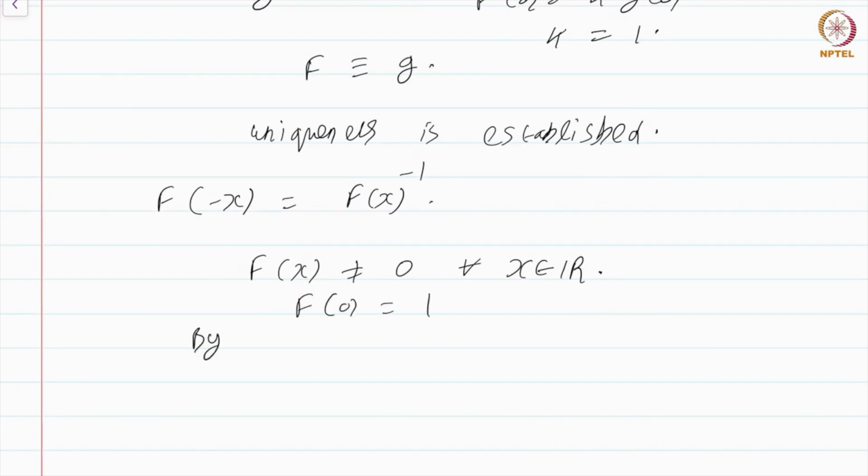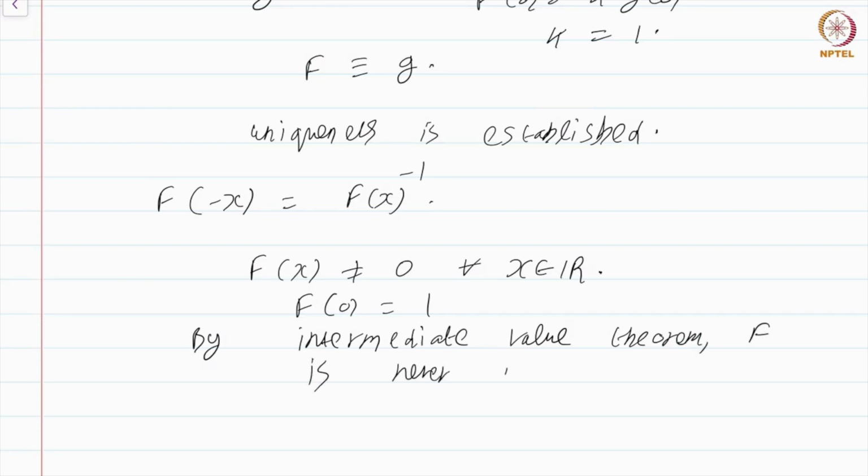Therefore, by intermediate value theorem, because f is of course a continuous function, in fact it's given by a power series, so it's a smooth function, f is never negative. So the function f, whose existence and uniqueness we have established in this theorem, is also always a positive function.